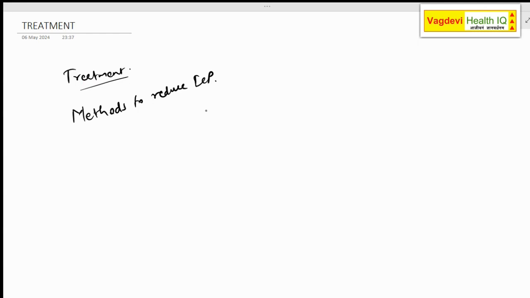Just go point-wise. Mannitol infusion. Second is CSF withdrawal. Sedatives.